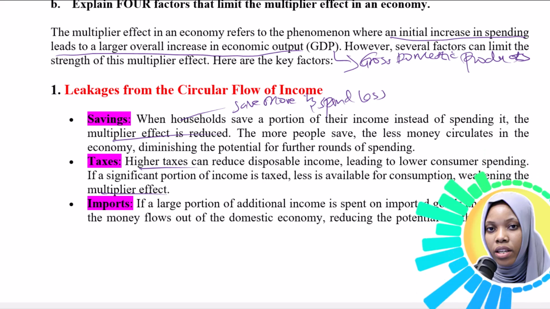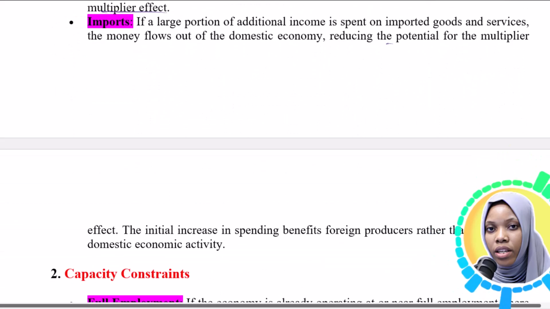And then we talk of imports, and we say if a large portion of additional income is spent on imported goods and services, the money flow of the domestic economy reduces, leading to a reduced multiplier.